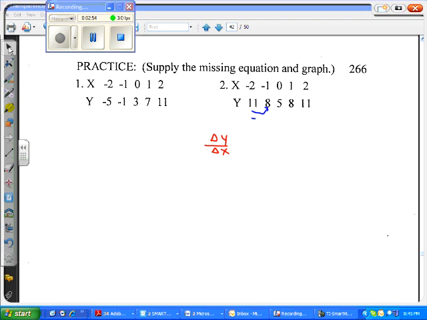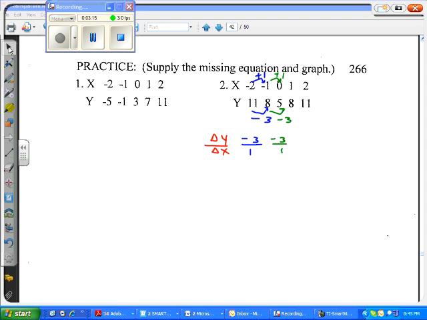The first change in y is a loss of 3. Its change in x is a gain of 1, so we have negative 3 over 1. The next change in y is a loss of 3, so again negative 3 over 1.